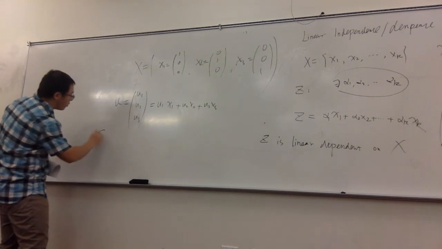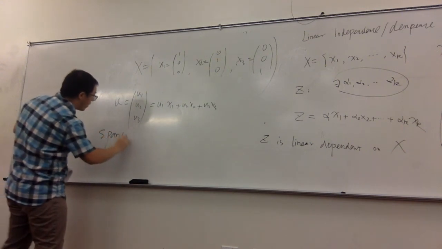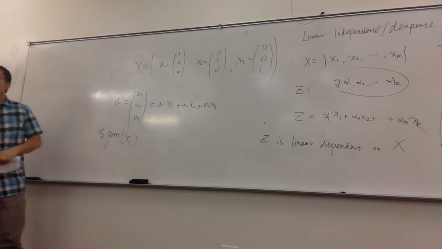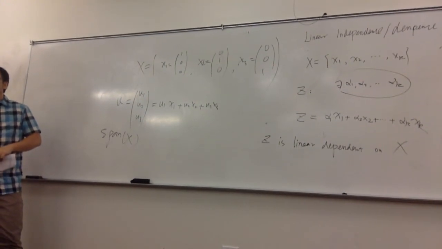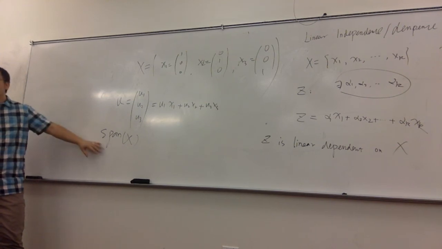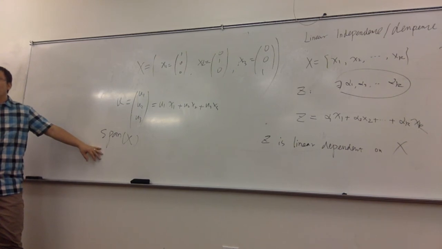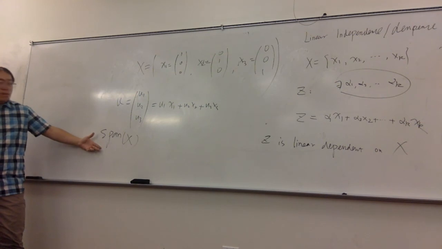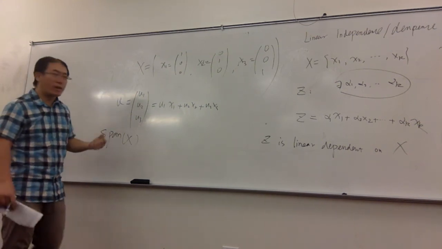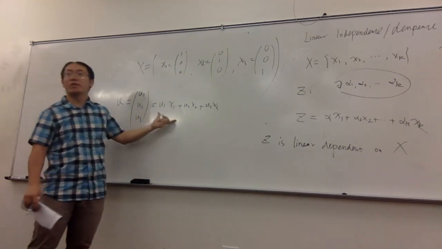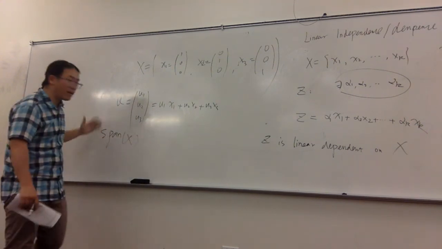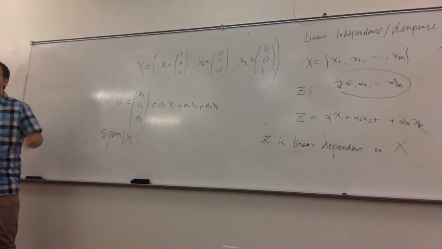So then the question would be, what is the span of x? Three-dimensional vectors within R. Yes. Because arbitrary three-dimensional vectors can be represented by the linear combination, meaning that this span of x consists of the whole three-dimensional space.